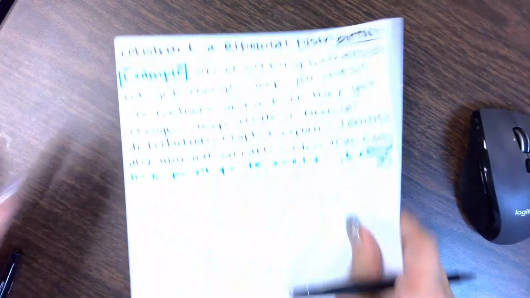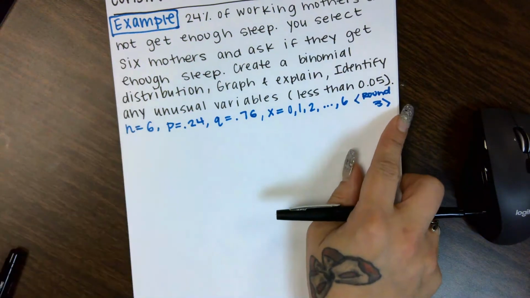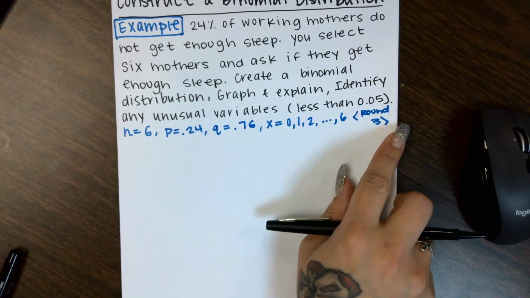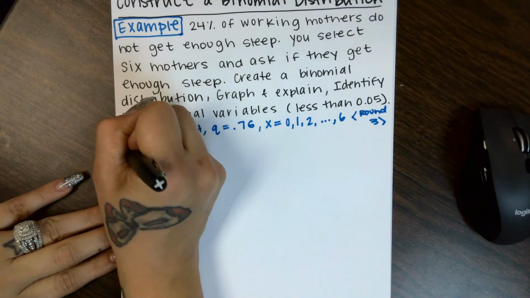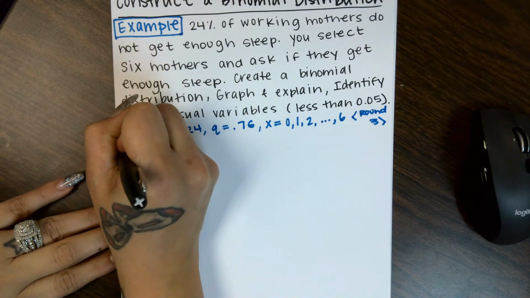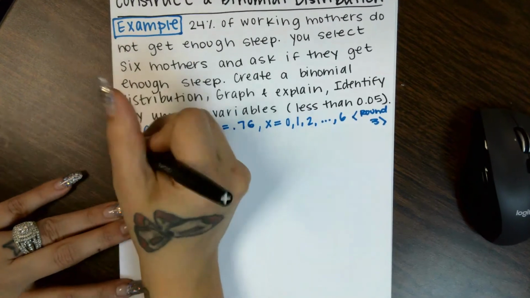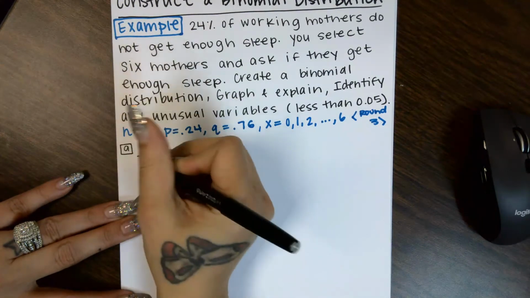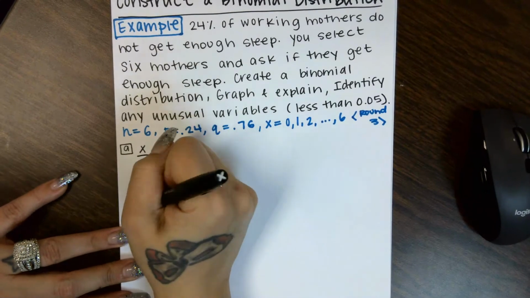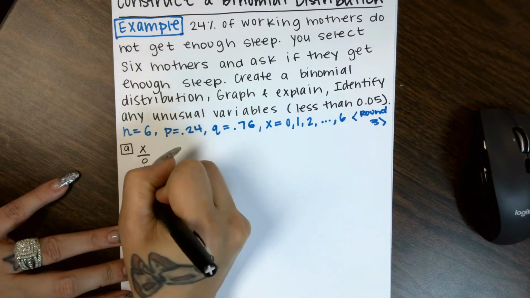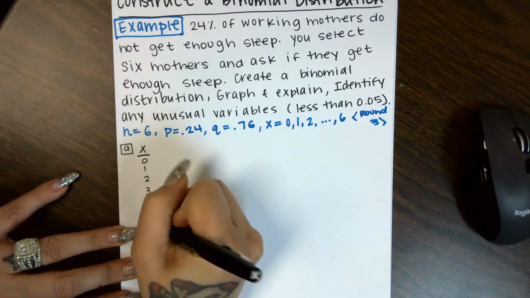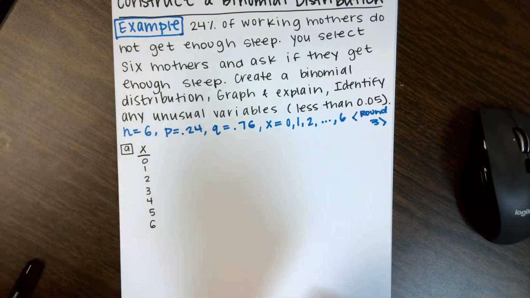So let's create this binomial distribution. Okay, so A. This is what you see. You see your x's: 0, 1, 2, 3, 4, 5, 6.